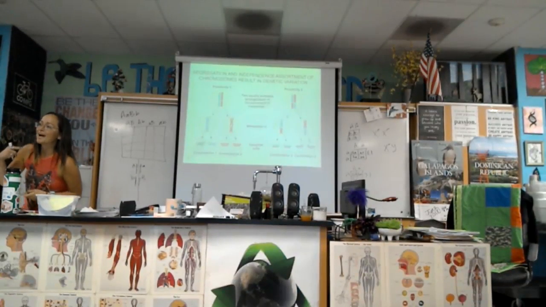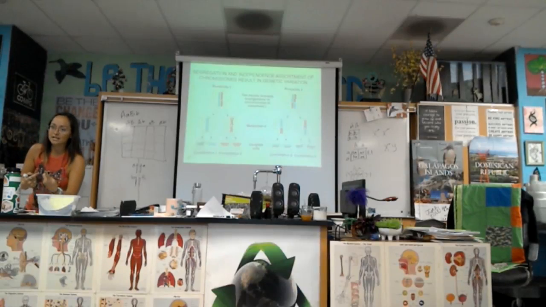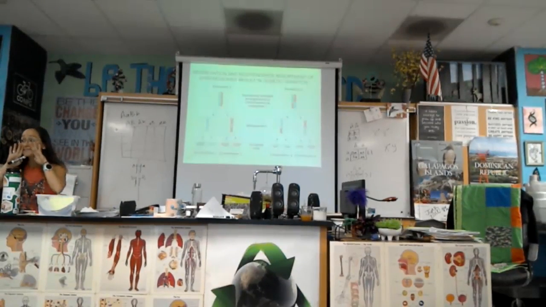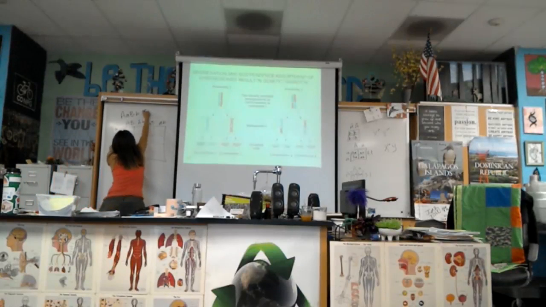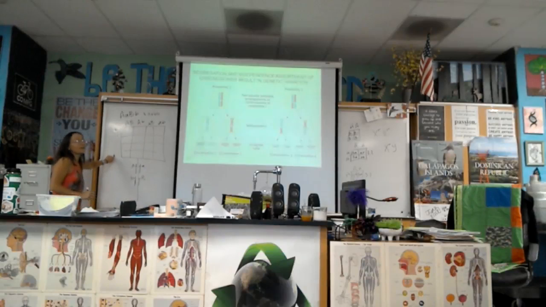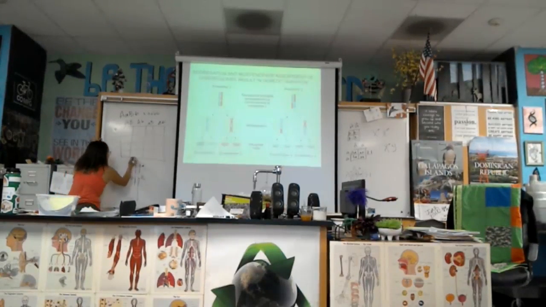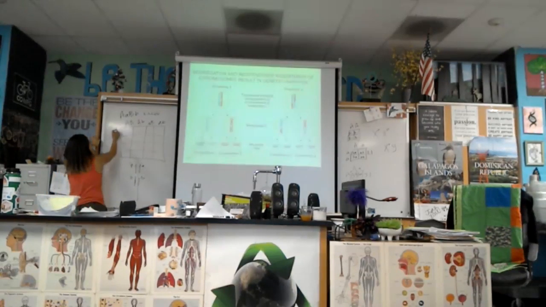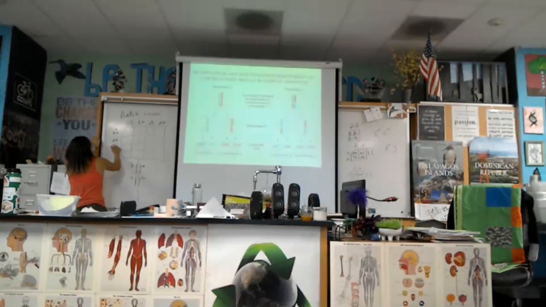So if you tie this into chi-squared and linked genes, sometimes I would test cross this individual, and I cross them like this. Well then, that parent only has recessive alleles, so every single gamete is going to be the same in that individual.